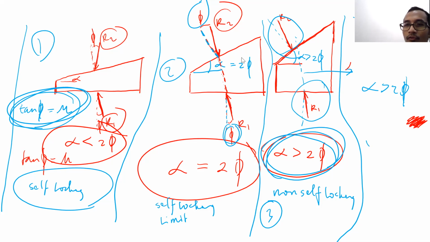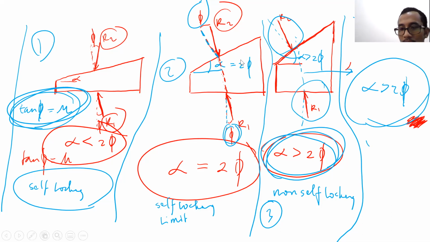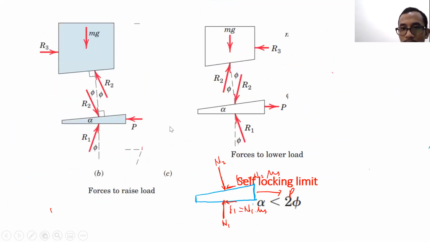So why do you have to know about this? Because this is what we normally use in order to design the wedge. You have to ensure that the wedge has alpha less than 2 phi.